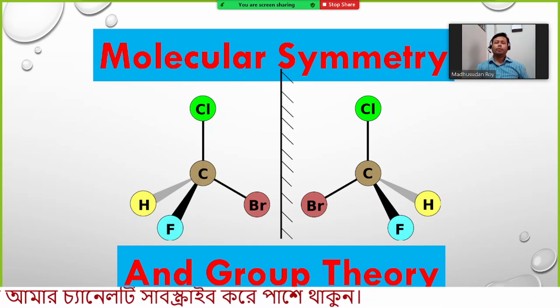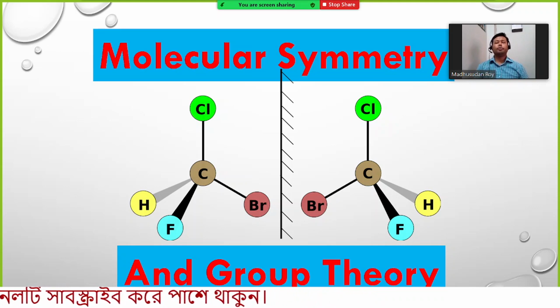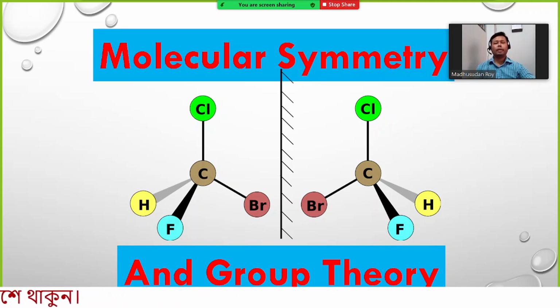If you rotate 120 degrees, the bromine will take the place of the fluorine, or the bromine will take the place of the hydrogen. However, that is not identical to the previous position.